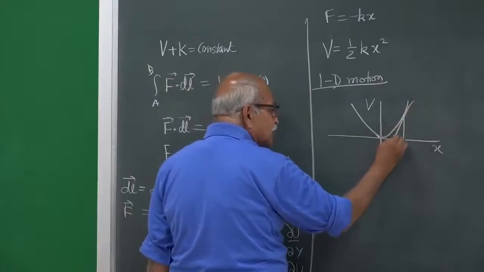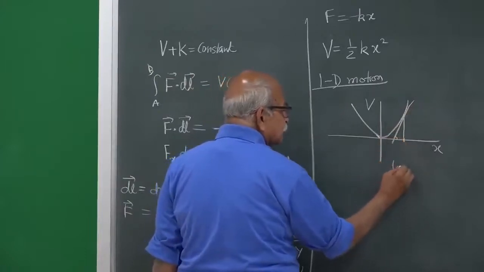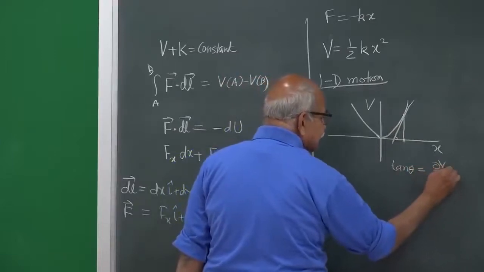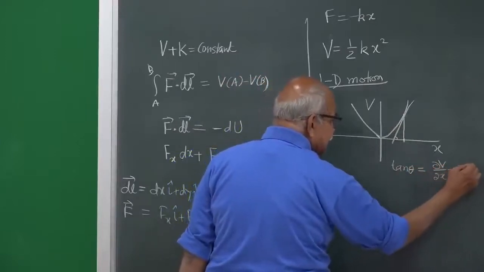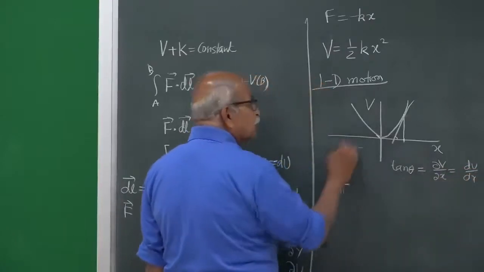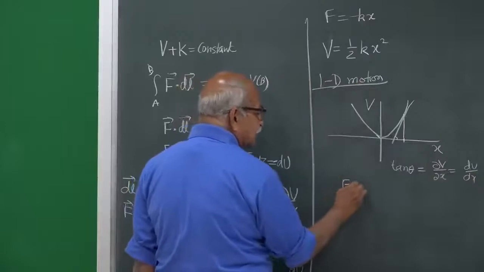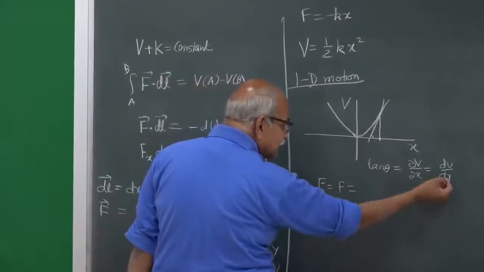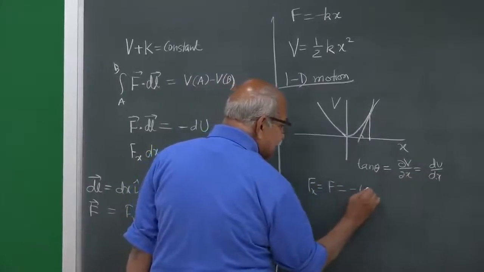the slope of this is del V del x, which in this case is dV dx, and therefore, as it is all one dimension, Fx is same as F. So, that is minus of this dV dx, and that is minus of this tan theta.